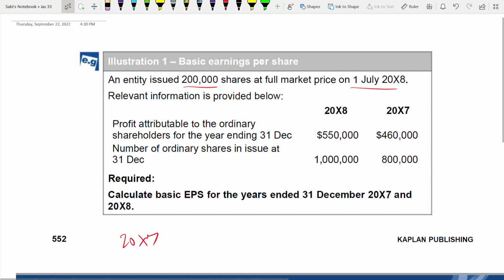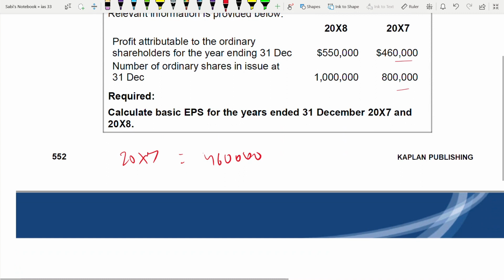So it is the profit which is 460,000 divided by 800,000 shares, which will be 57.5 cents.